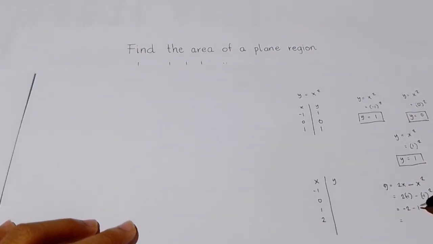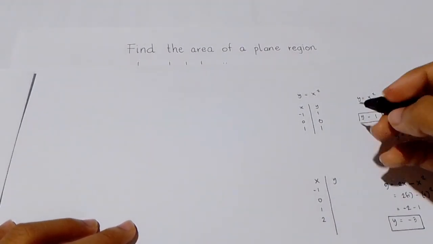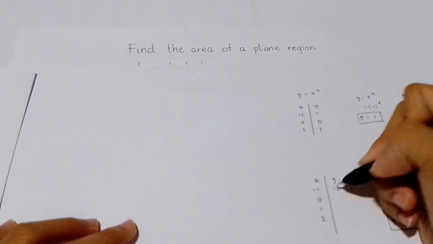So -2 minus 1 is equal to -3. So for x is equal to -1, the value of our y is -3.